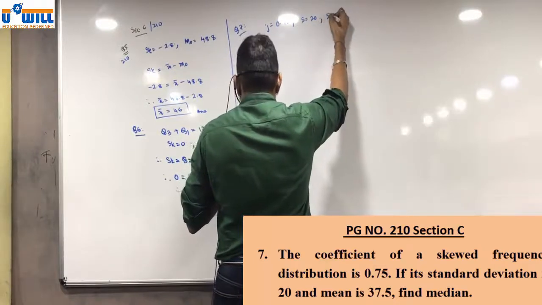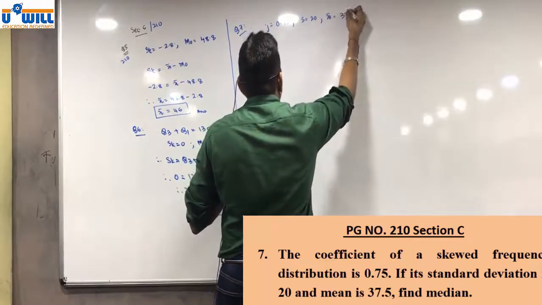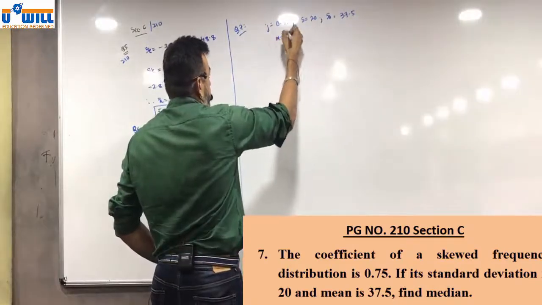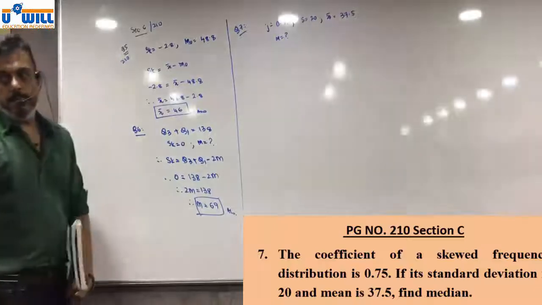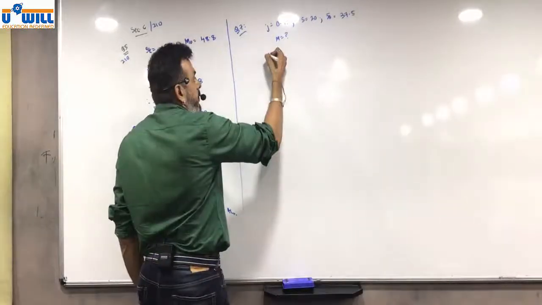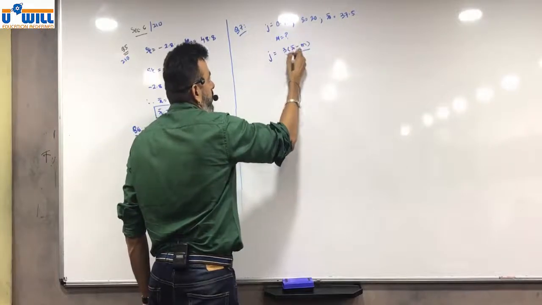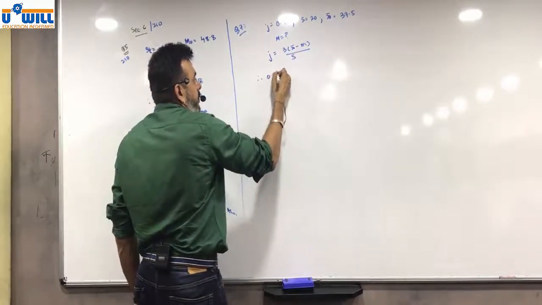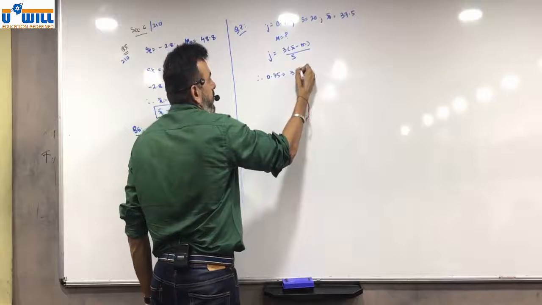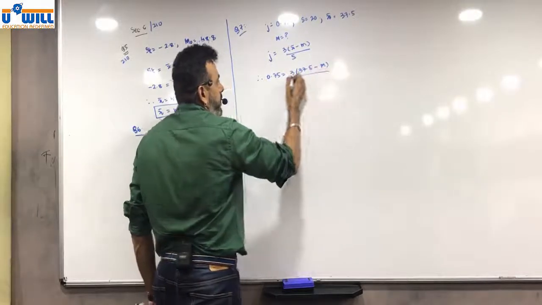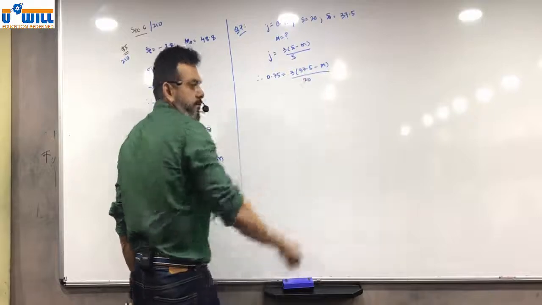X bar is equal to 37.5. We have to find the median. J is equal to 3 into x bar minus m upon s. 0.75 is equal to 3 into 37.5 minus median, which we have to find, upon standard deviation 20.